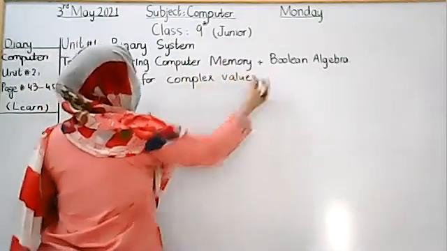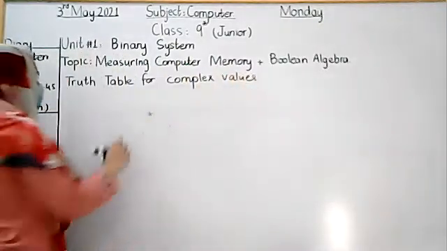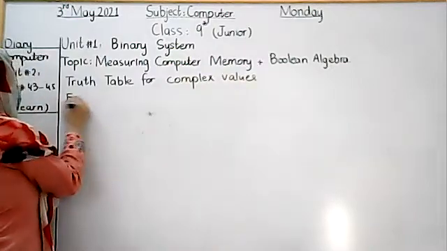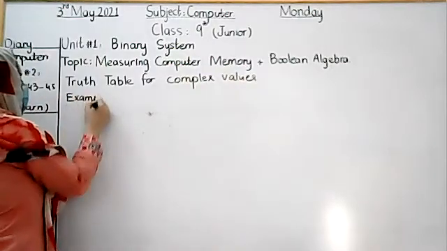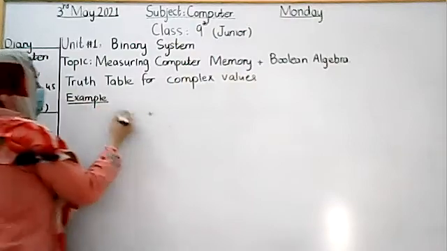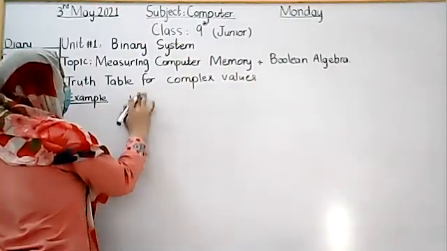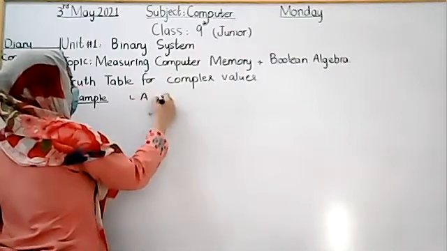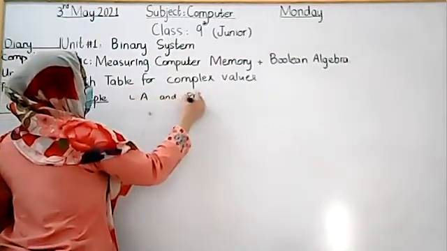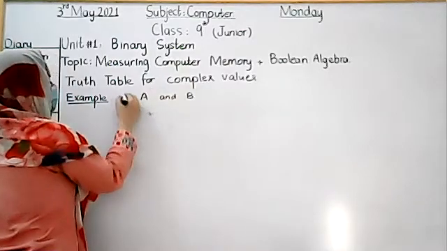Means a difficult one. So if we go for an example, we can take NOT A and B. Okay.